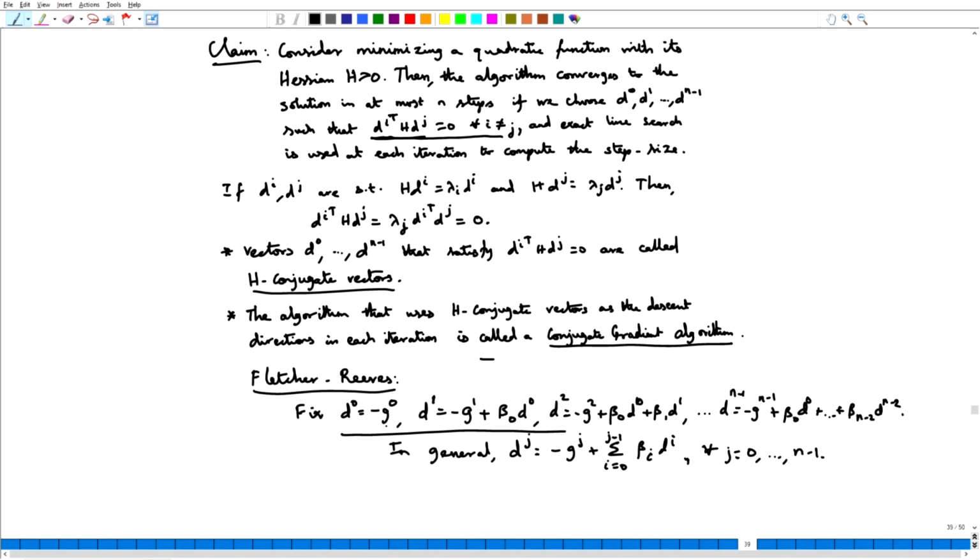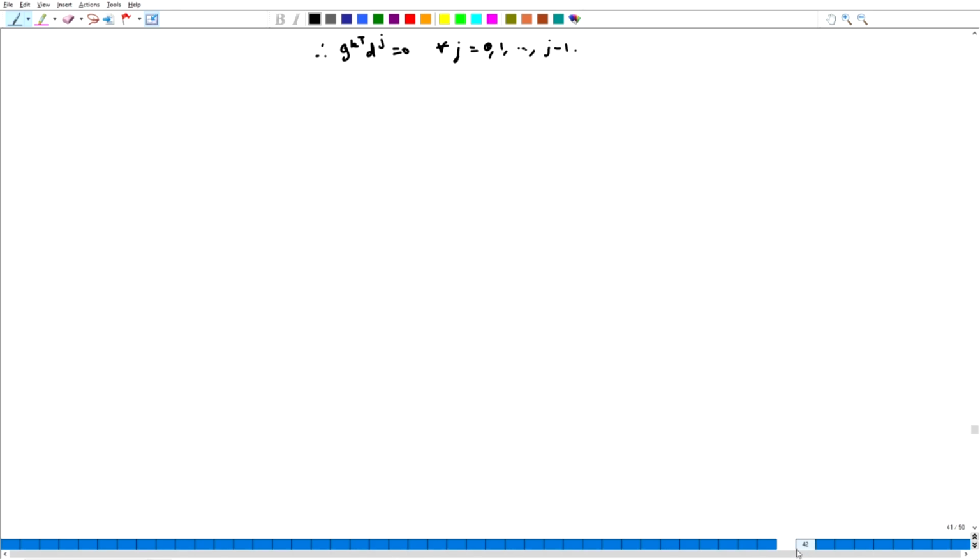So the other way of writing this is g0 equals minus d0, g1 equals beta naught d naught minus d1, g2 equals beta naught d naught plus beta 1 d1 minus d2 and so on. So what happens to gk transpose gj?